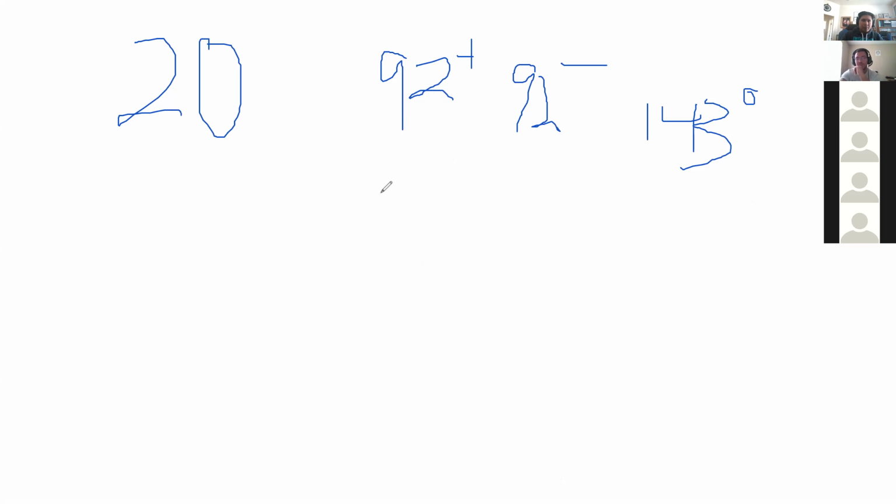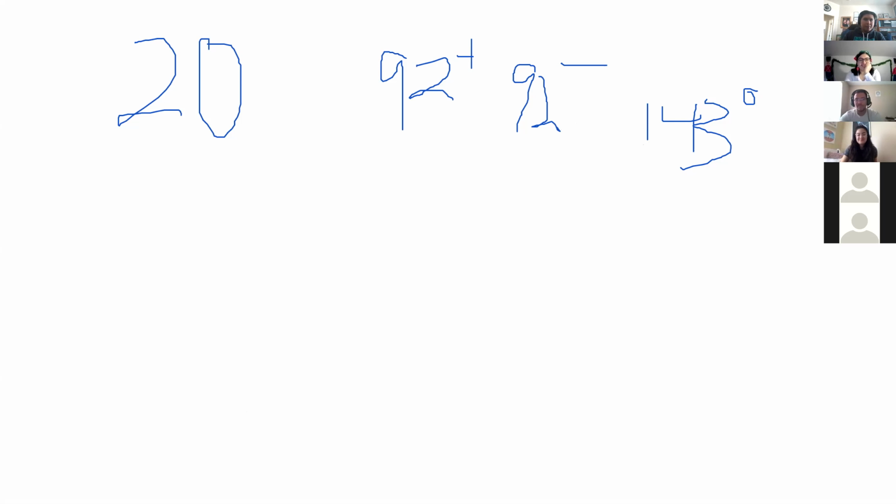Does anybody know what the heavy part of an atom is? Here's a hint. It's in the nucleus.